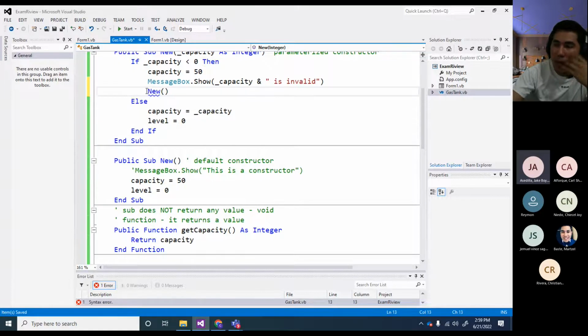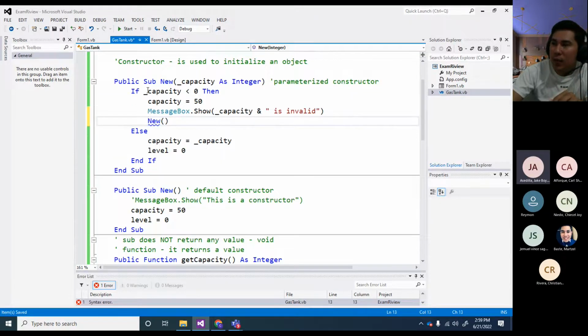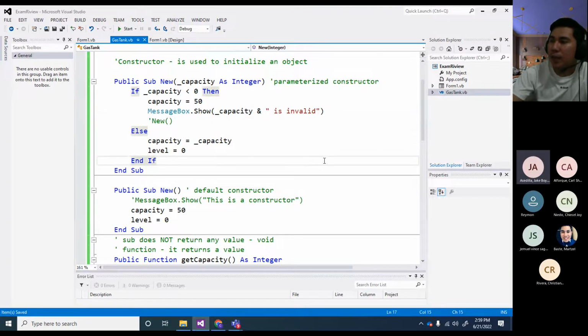I guess it depends on the version we used. I will check the reason why I cannot call the new constructor here. But most definitely we can call this.